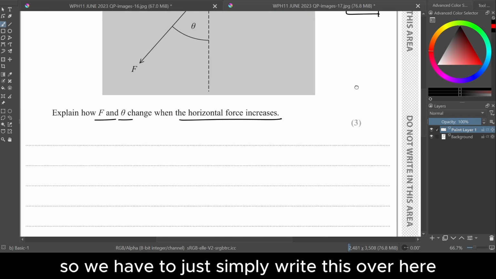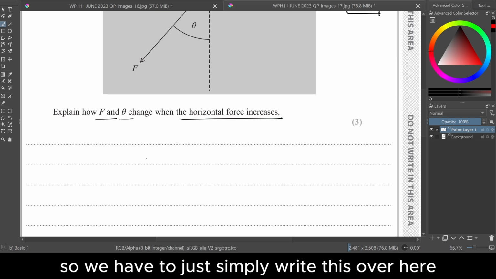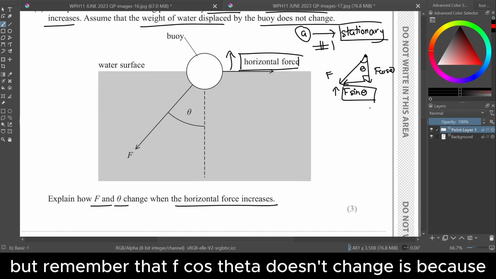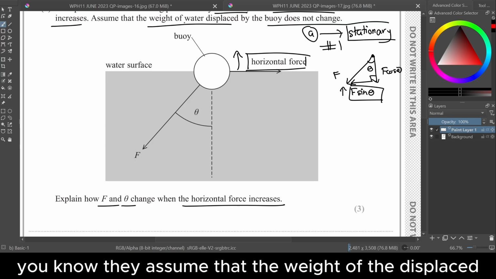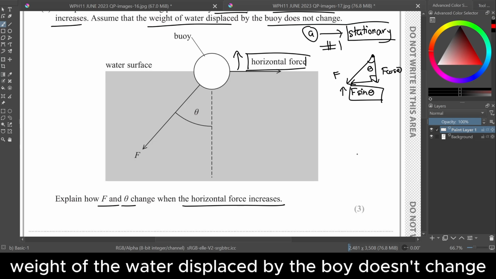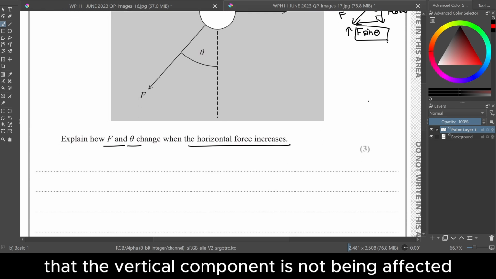So we have to just simply write this over here. But remember that F cos theta doesn't change because they assume that the weight of the water displaced by the buoy doesn't change. It means that the vertical component has not been affected at all.